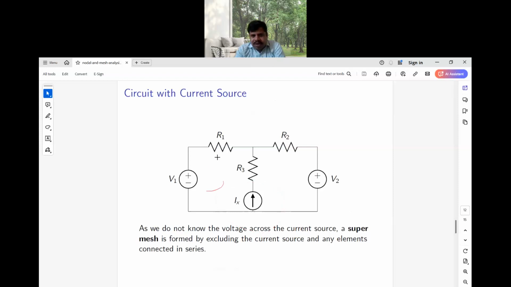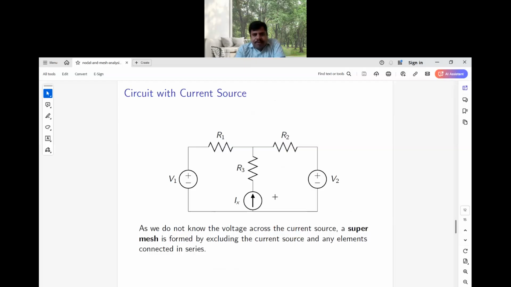Okay, mesh 1 is this one, mesh 2 is this one, but between mesh 1 and mesh 2, you are having one current source. That is called a super mesh. Whenever this super mesh is there in your circuit, how to apply KVL?